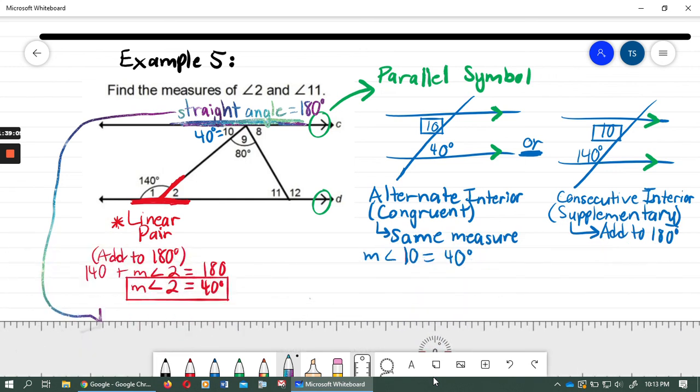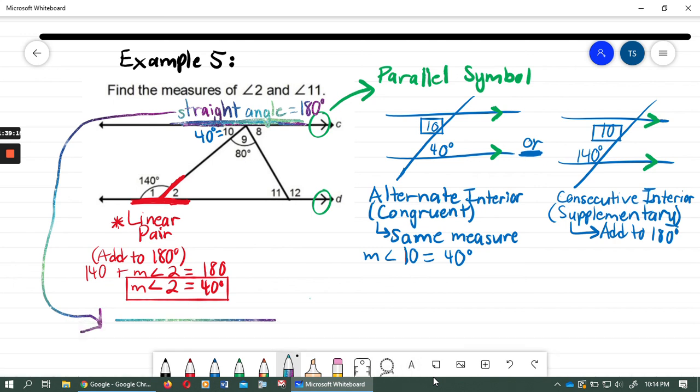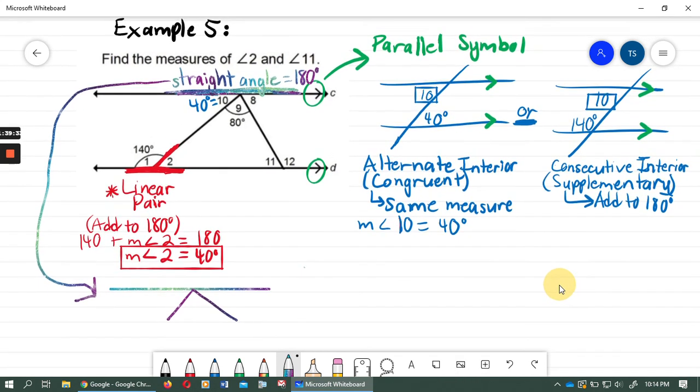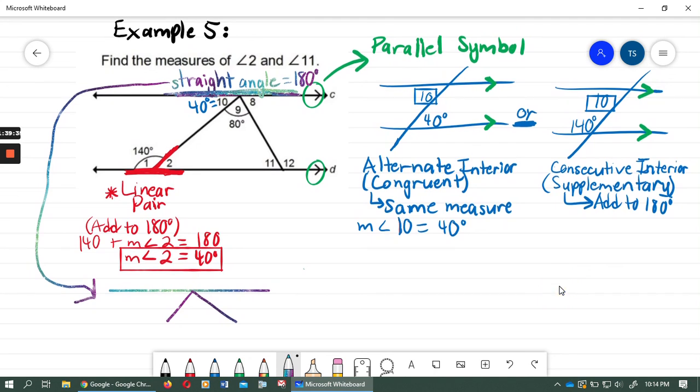So we actually have a straight line to look at, right? We have a straight angle, and these three different angles are making up this straight angle. That's going to have to be close enough. It doesn't have to look exactly like the diagram up there, as long as we can see what it looks like.